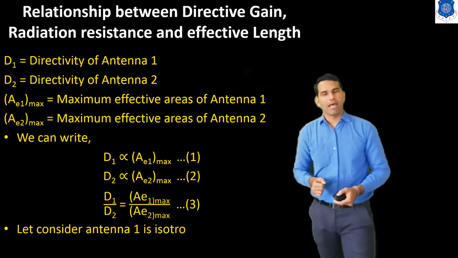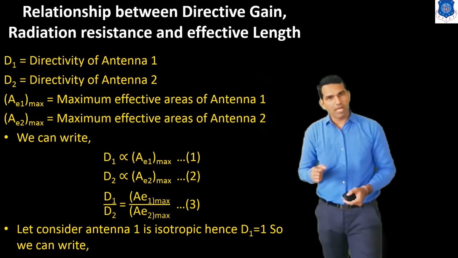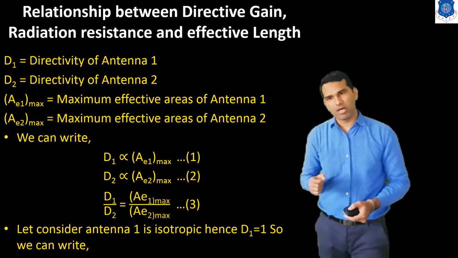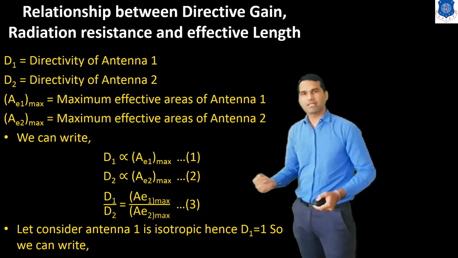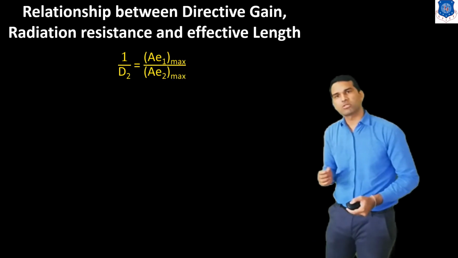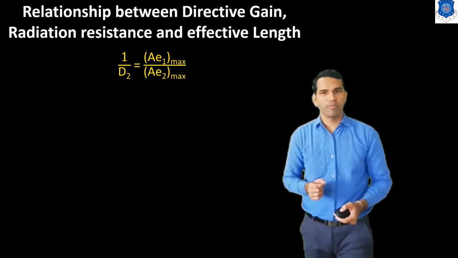Let's consider antenna 1 is isotropic. So we know that the isotropic antenna directivity is 1. So we can write equation number 3 as 1 upon D2 is equal to AE1 maximum upon AE2 maximum.